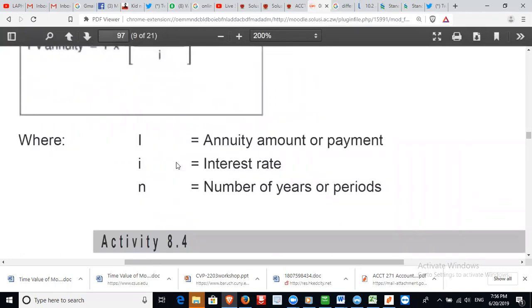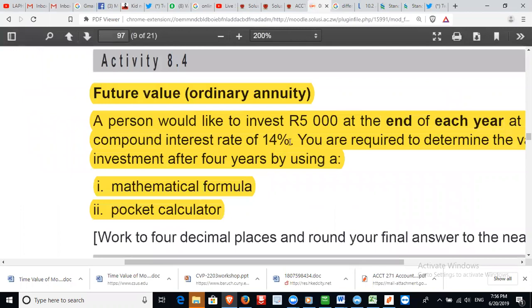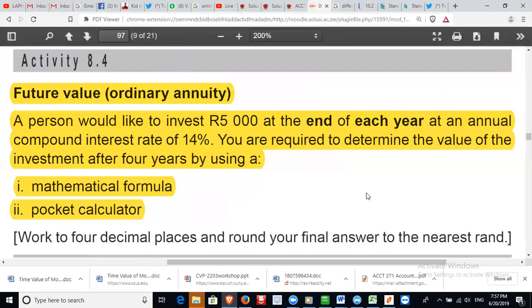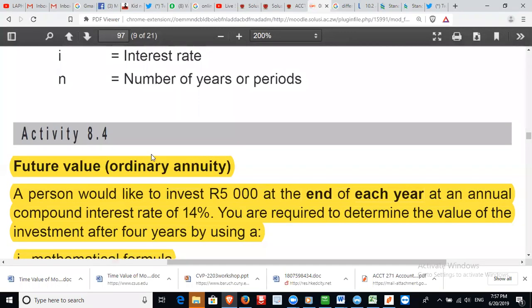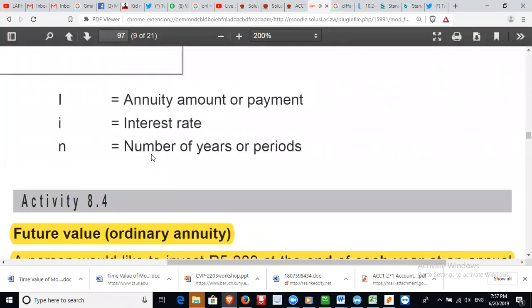Right? Then we are told a person would like to invest 5,000 at the end of each year at an annual compound interest rate of 14%. You are required to determine the value of the investment after 4 years. That is the future value of an ordinary annuity.